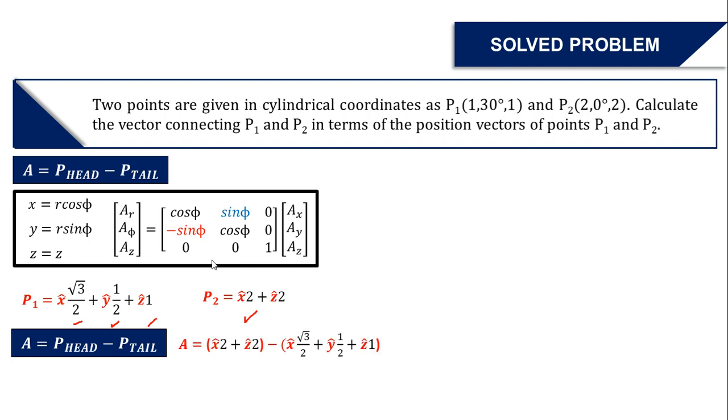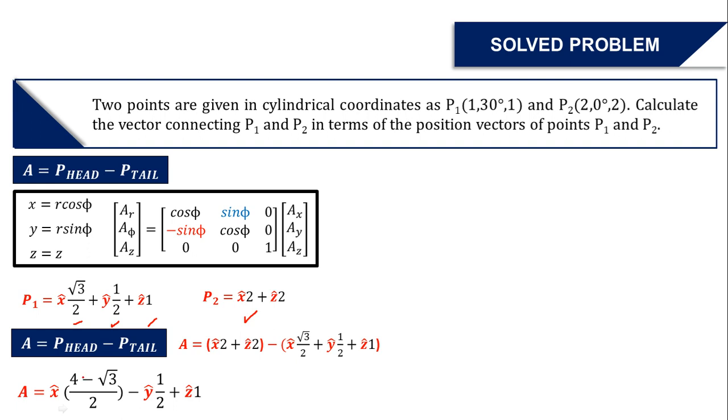So, substitute lang natin ulit. So, yung ating head is yung ating P sub 2, and yung ating tail is yung ating P sub 1. So, simplifying the scalar components, ito na yung ating vector in Cartesian coordinates using yung position vectors.